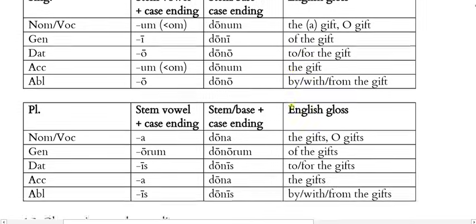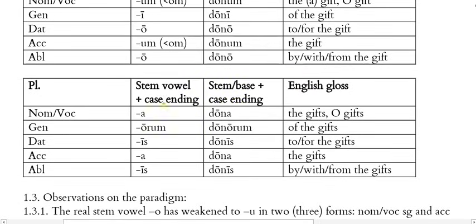Now the plural forms here for nominative and vocative end with -a, so dona, the gifts or O gifts, -orum, and so donorum, of the gifts, -is, donis, to or for the gifts, accusative -a, dona, the gifts, and -is, donis, by, with, or from the gifts.